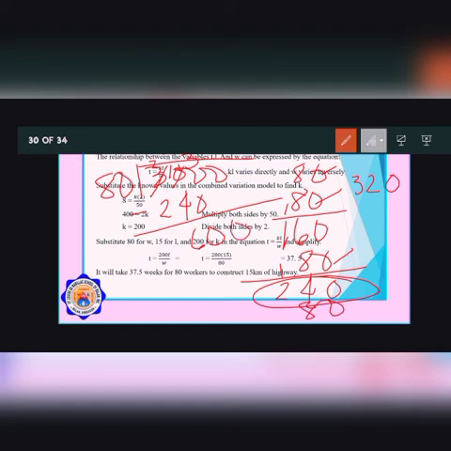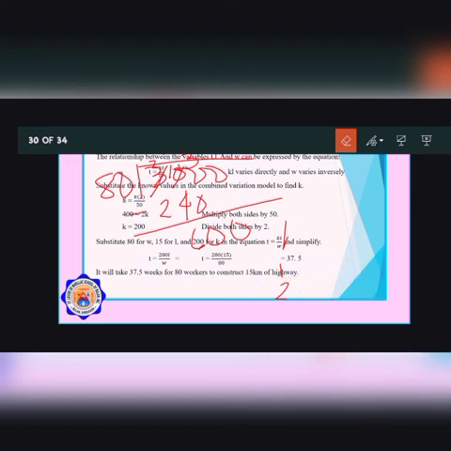600 divided by 80. So, meron na tayong 240.